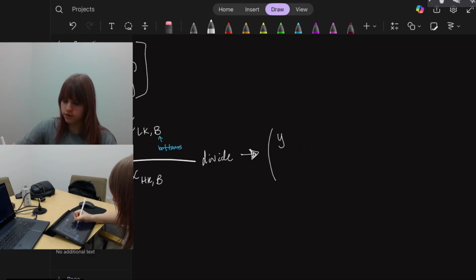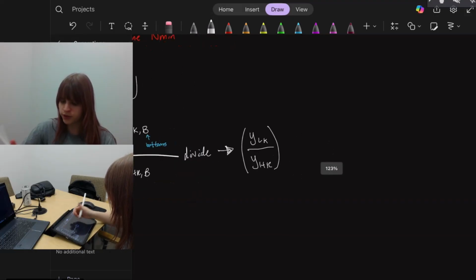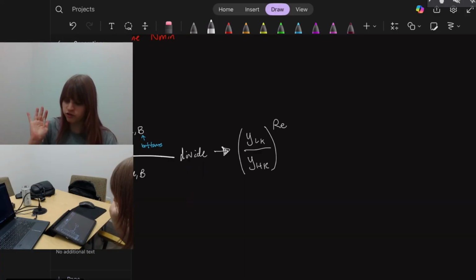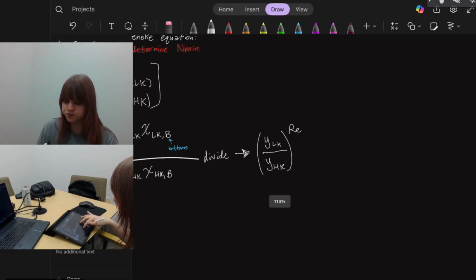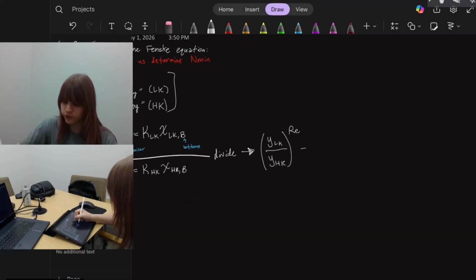So we get the vapor composition of the light key divided by the vapor composition of the heavy key. I'm going to put RE up here just so we know that for both of those that is in the reboiler. And that is equal to the exact thing I just wrote. We're just writing it a little bit differently because we divided it.